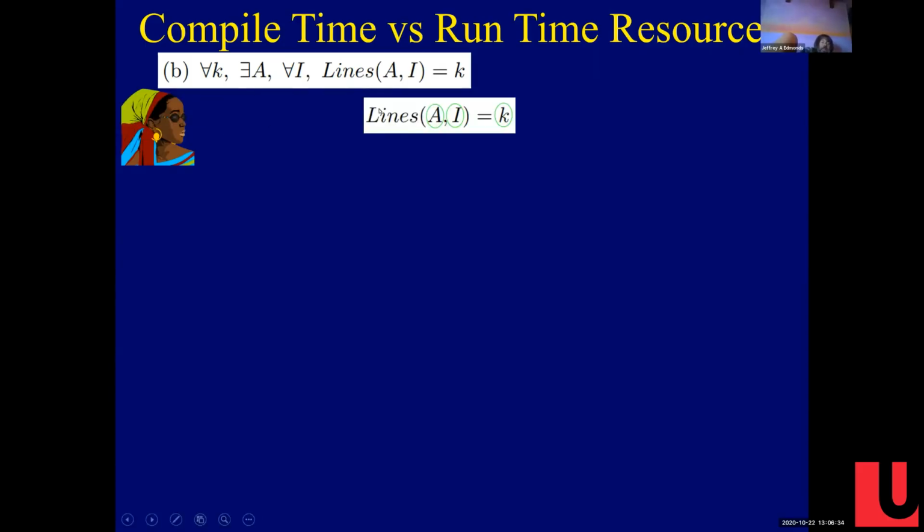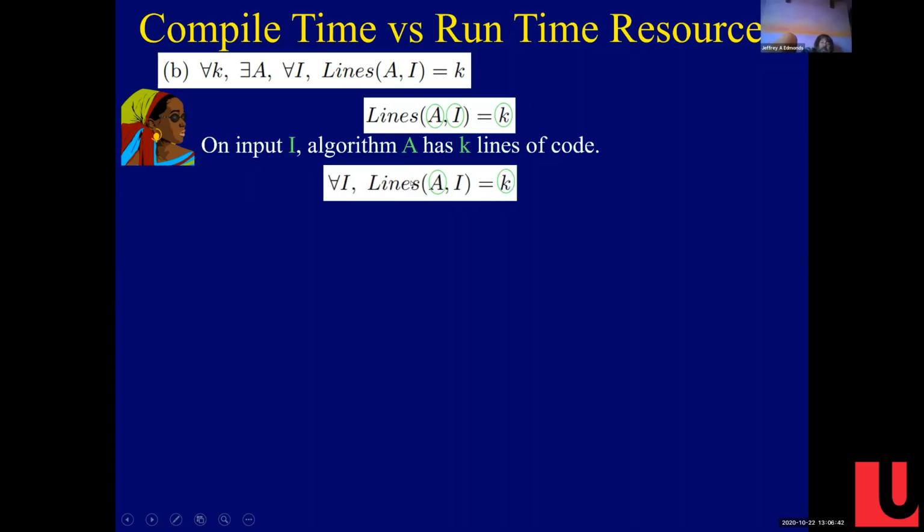In fact, we can kind of go through here. What does this say? This says algorithm A on input I has K lines of code. Well, we can say it doesn't matter the input. Again, we're saying the K can't depend on the input, right? K comes before the input.